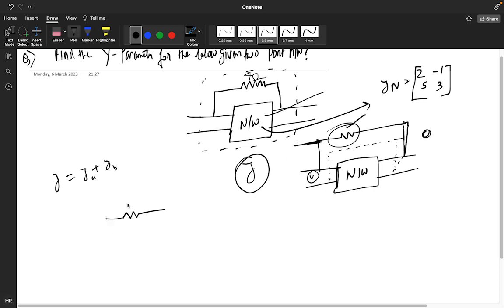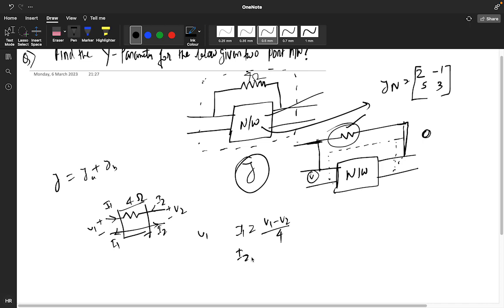So can anyone tell me, if you are assuming this as a 4 ohm resistor, with plus minus v1 and plus minus v2, what will be the Y parameter of this? Taking I1 current and I2 current, both leaving, I1 is v1 minus v2 by 4, I2 is v2 minus v1 by 4.